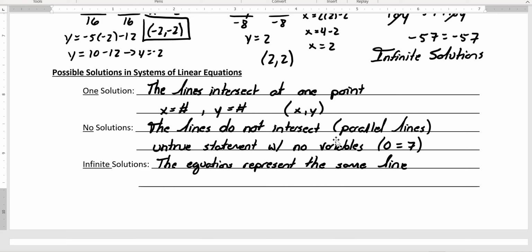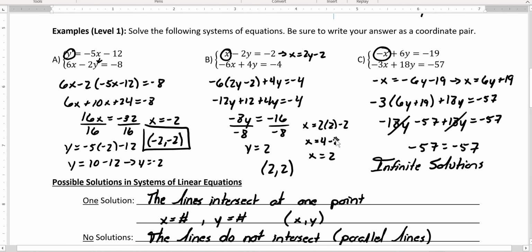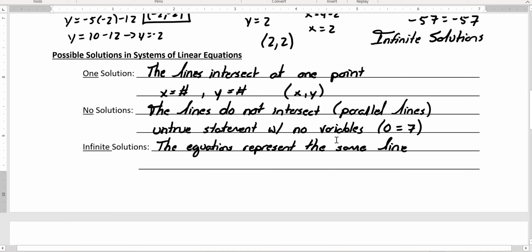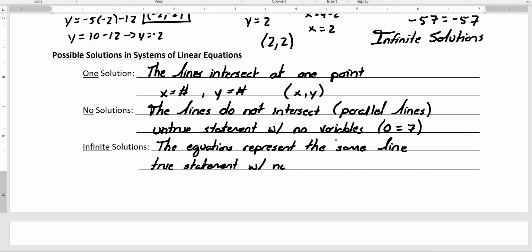The two equations that we had here, -x plus 6y equals -19, -3x plus 18y is -57, represent the same line, which is why when we solved it, we got a true statement with no variables. And a very common one you'll see in that case is 0 equals 0. You'll get something like that.